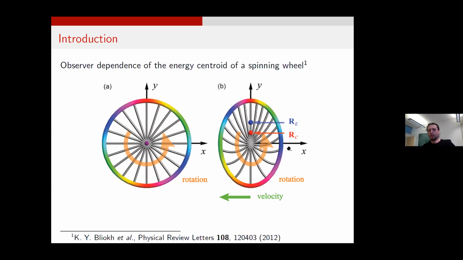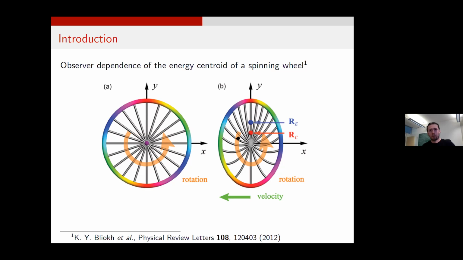So the wheel gets contracted along the x-axis. And furthermore, because the wheel is rotating, the energy center of the wheel gets shifted along the y-axis. So the observer will not see the energy center at the center of the wheel, but will see it displaced along the y-axis over here, depending on the rotation of the wheel.